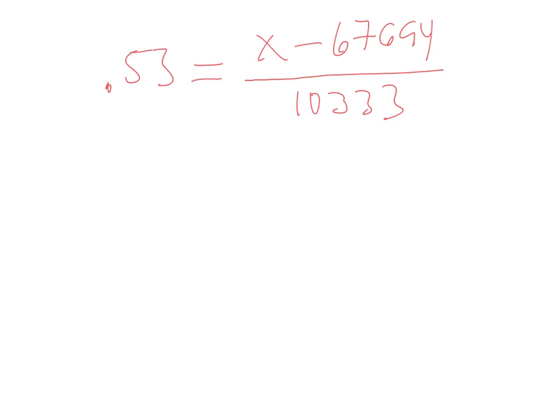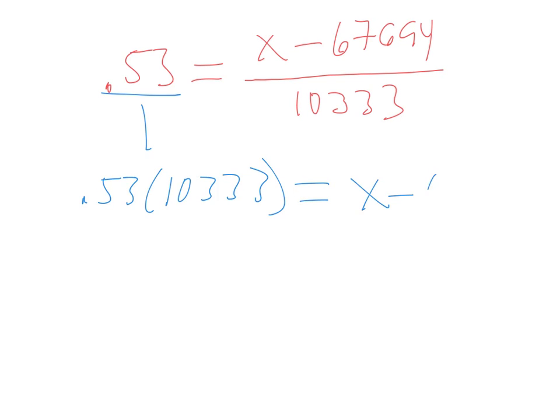So then I use the z-score formula, and I wrote the z-score equals the number I don't know minus the mean divided by the standard deviation. And then the algebra we have to do to solve this, just remember, this is like a proportion, so I can do the cross products. You didn't know you were going to have to do algebra here, huh? It equals x minus 67,694.